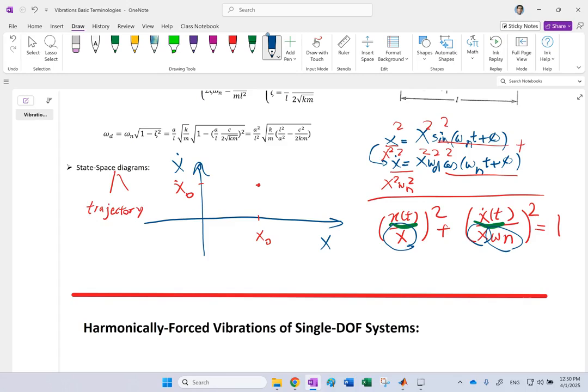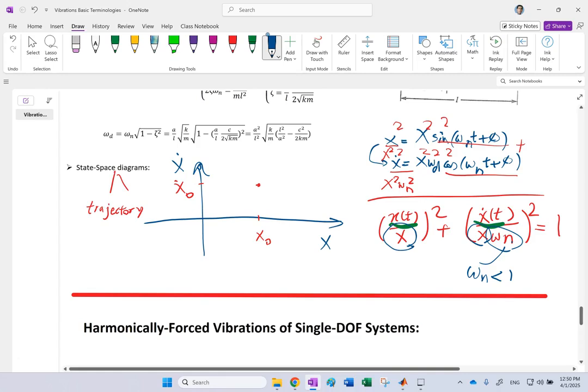So let's say this omega n for a moment is less than 1. Okay, so along the x-axis you have a bigger axis than along the y-axis.